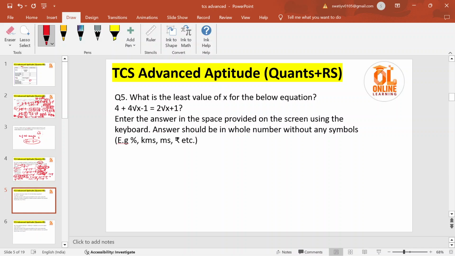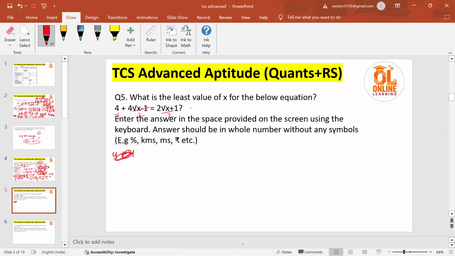So here the question asked is, what is the least value of x for the given equation? So we have to answer the least value of x for the given equation. So here, when we solve this question, if I say 4 plus 4, firstly I'll divide it by 2 completely.